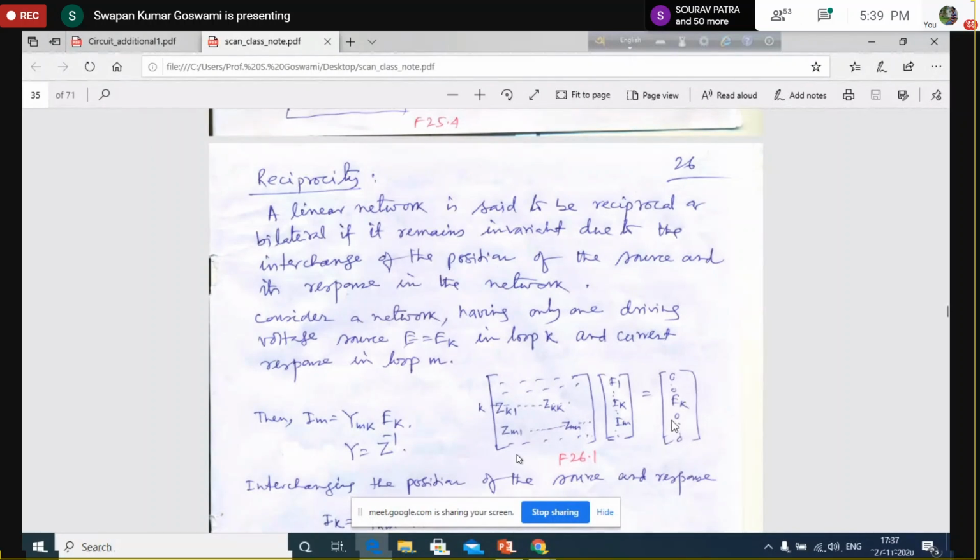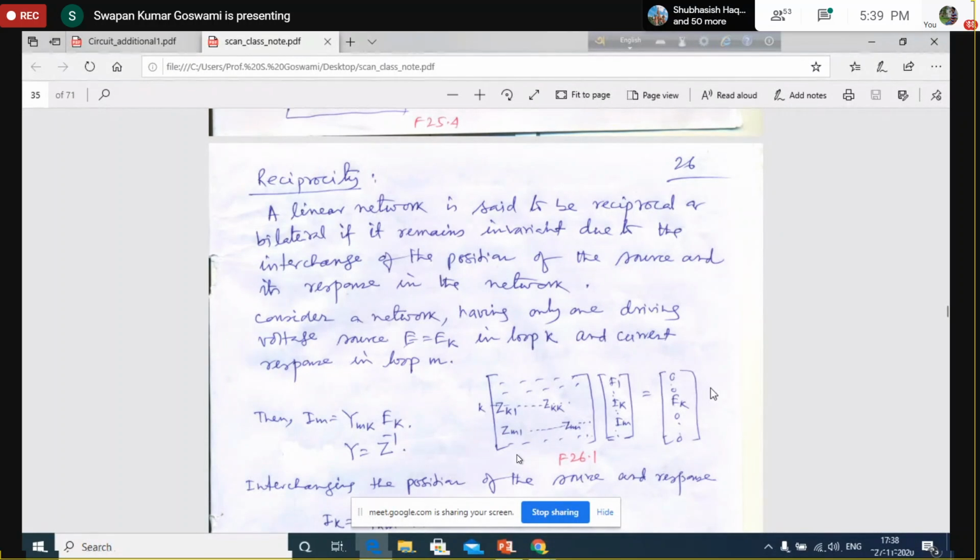All are 0 except Ek, so we shall have the term Ymk into Ek only. So Im will be Ymk into Ek. In this expression, all other terms on the right hand side except the kth are 0, so you can find the current value Im as Ymk into Ek.